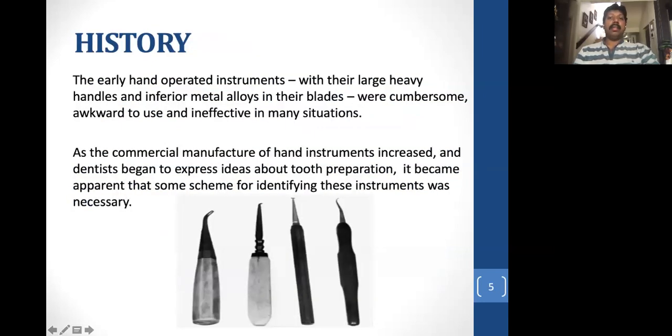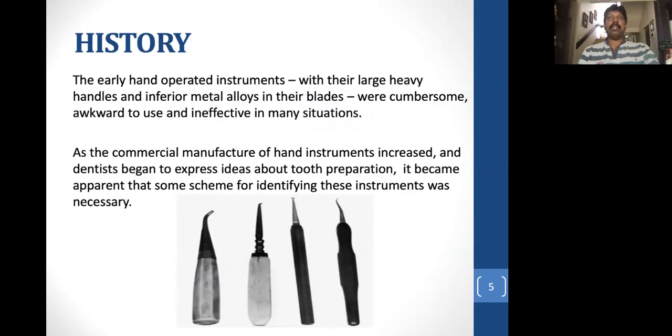Long back, you must have seen the evolution of mankind. They didn't have sophisticated instruments; they had huge instruments. You must have seen in movies and read in history that they used big stones for cutting and big axes. They didn't have sharpness and they had a tough time.